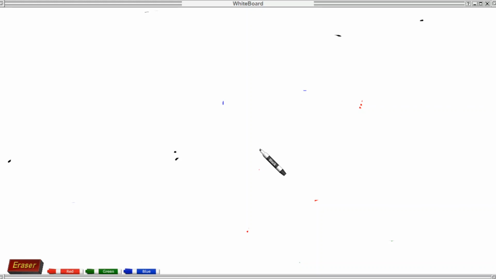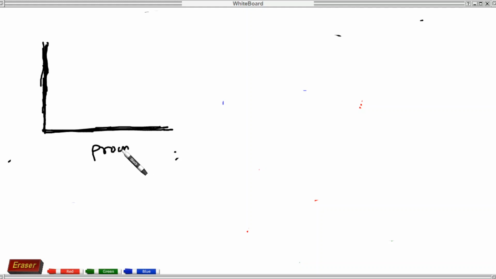So let's see the third scenario. Suppose this is some wall and this is the ground. There is some ladder put over here.